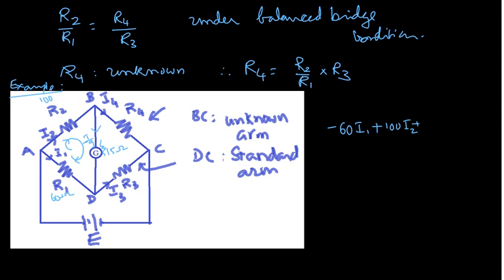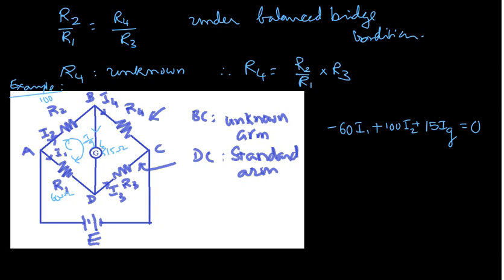The second one, BCDB, the other loop, this loop. So here R4 is given as 10 ohms, right? 10 and 5. So this is 10 ohms. This is 5 ohms. So actually we should go with the negative one first.